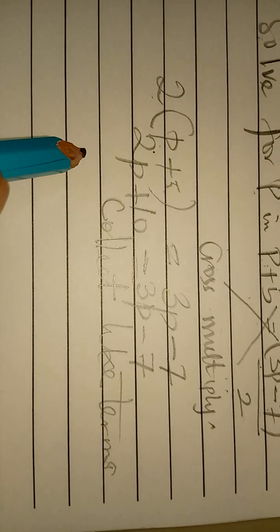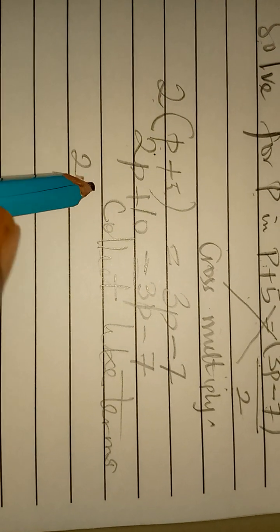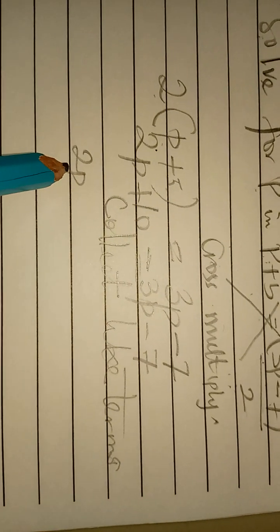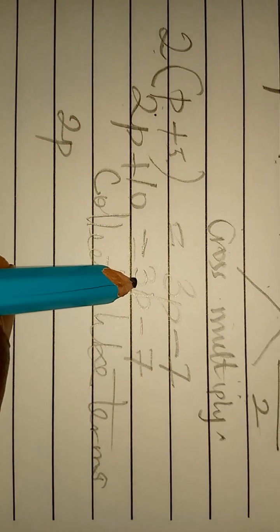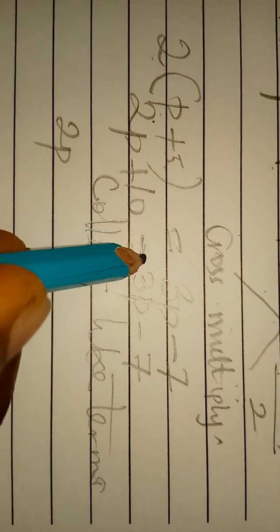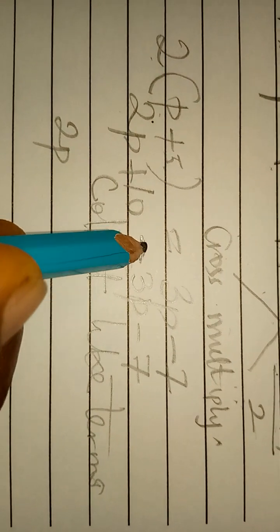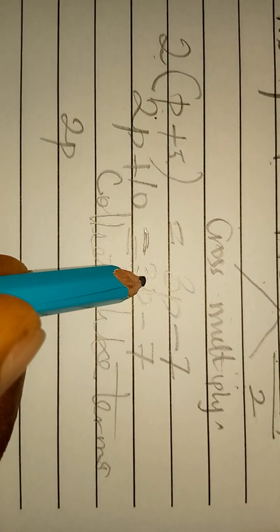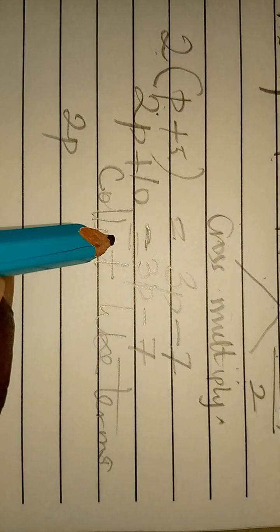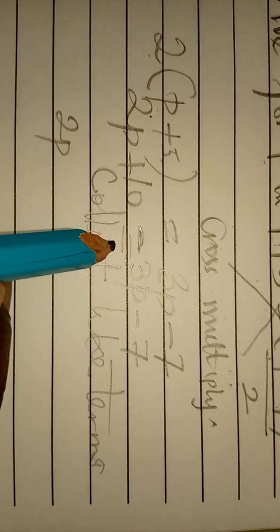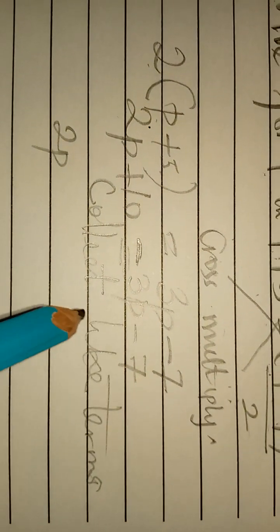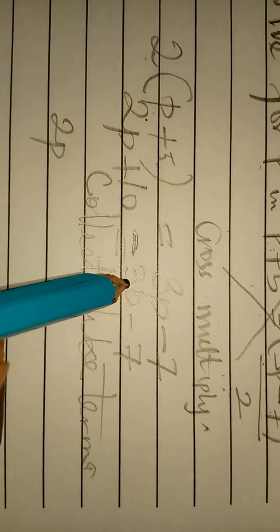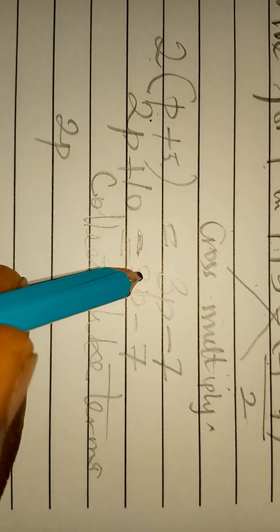So now we're going to have 2p, which is the number with an alphabet. If we look at this side, we have 3p after the equal to sign. And there is an invisible plus sign before any number. But whenever you have a minus, there is no invisible sign there. The sign there will be minus. So 3p here is having an invisible plus.